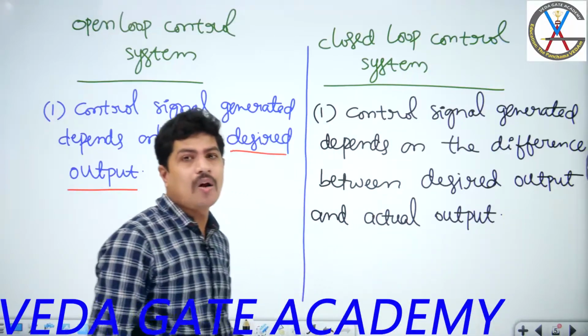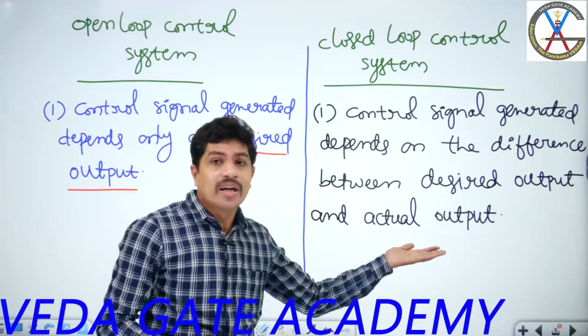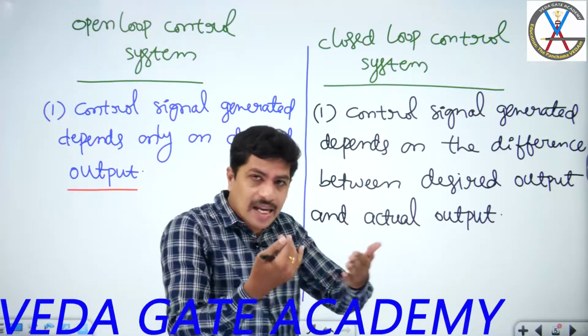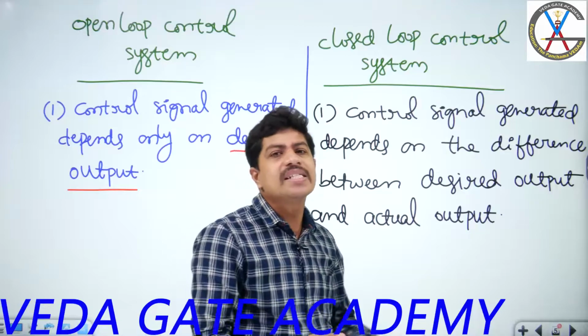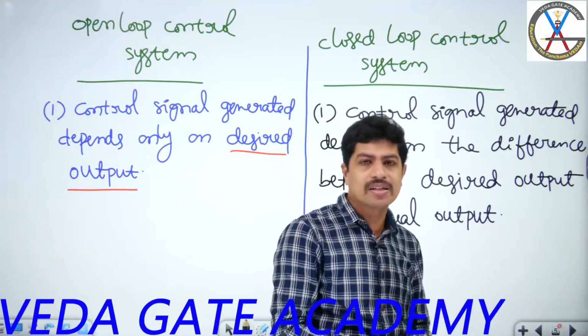Desired output and actual output. Yes, this is required for me. If it knows what is our desire and what we actually reached, then that is going to be a very easy task for us. It exactly stops there. Yes or not?